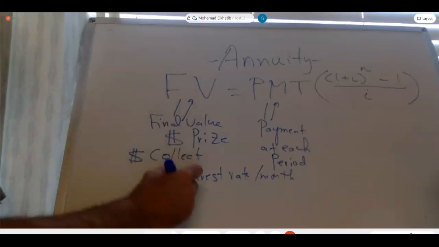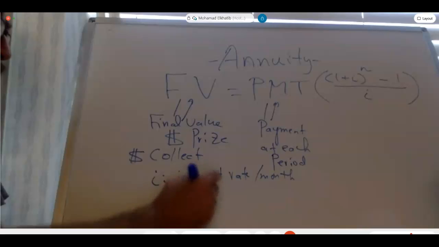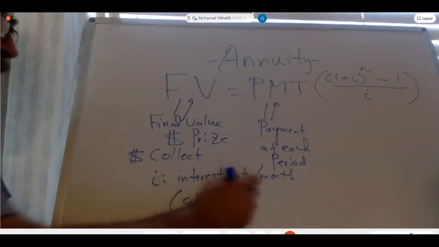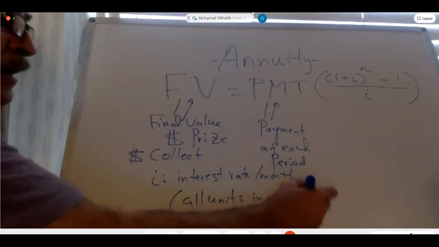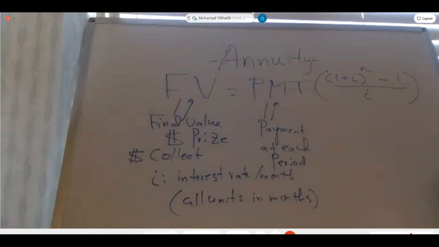And everything here has to be, all units have to be in months. So go ahead and copy all of this, class. And I will give you an example in a minute. Copy all of it, please.